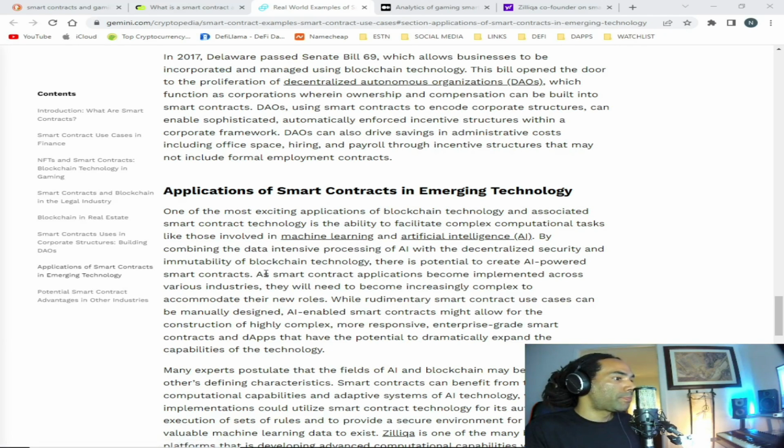smart contracts. As smart contract applications become implemented across various industries, they will need to become increasingly complex to accommodate their new roles. While rudimentary smart contract use cases can be manually designed, AI-enabled smart contracts might allow for the construction of highly complex, more responsive, enterprise-grade smart contracts and dApps that have the potential to dramatically expand the capabilities of the technology.